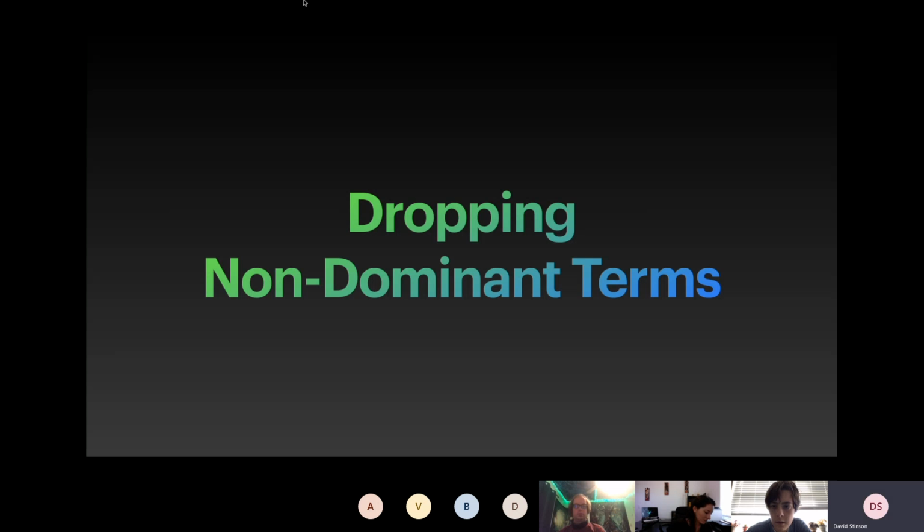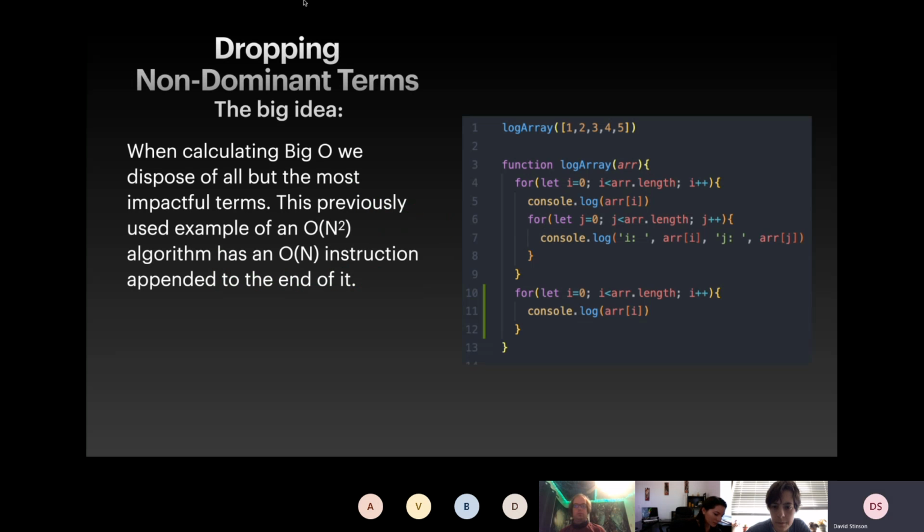Now let's talk about dropping non-dominant terms. So for this, when we calculate Big O, we get rid of everything but the most impactful terms. So I've used this example before from last time. I added just a simple loop at the bottom.